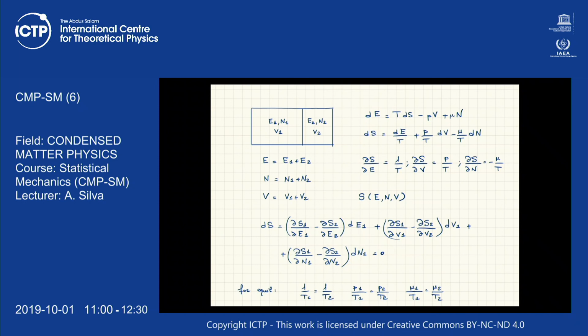Now, in these two cases, if you put T1 equal to T2, you see that this is the obvious condition of having equal pressures, otherwise particles will move, or equal chemical potentials, otherwise particles will move, etc. Good, so we're done.